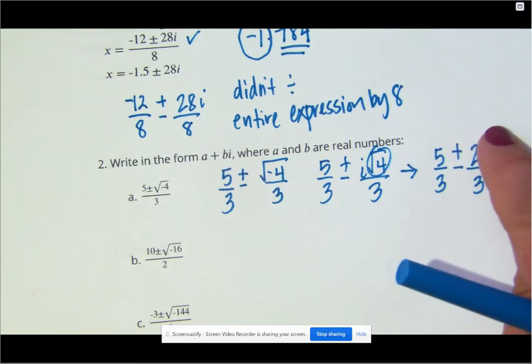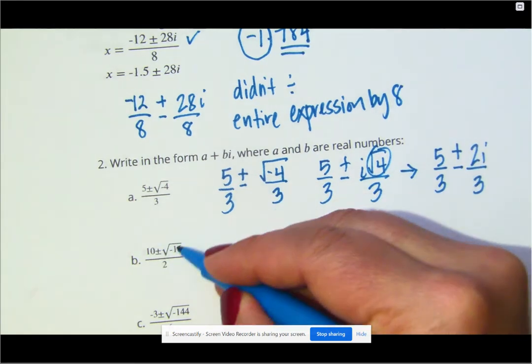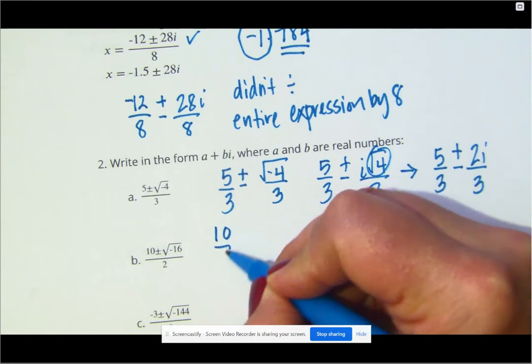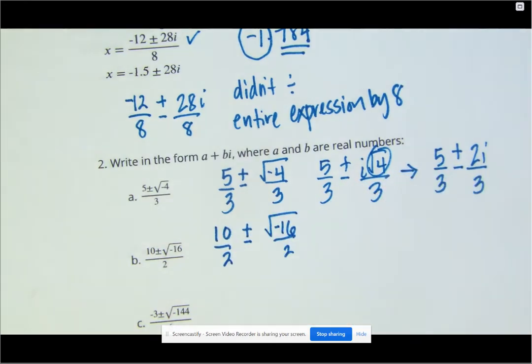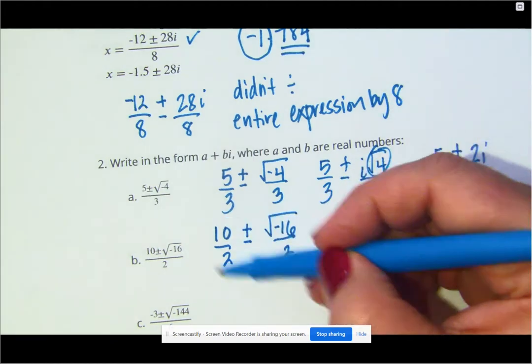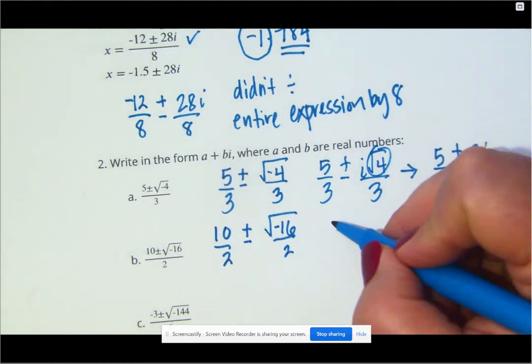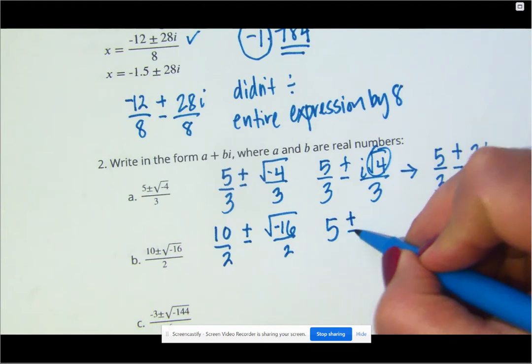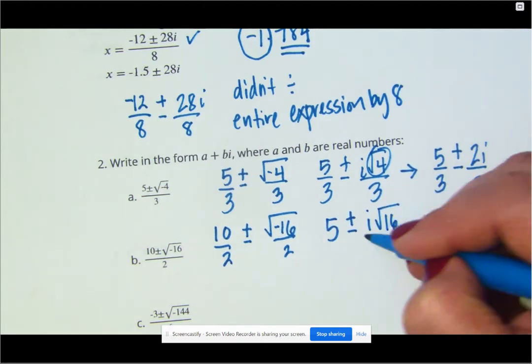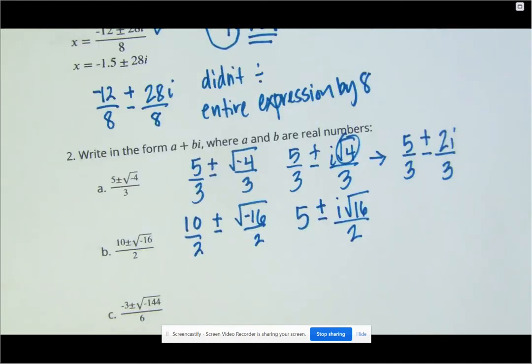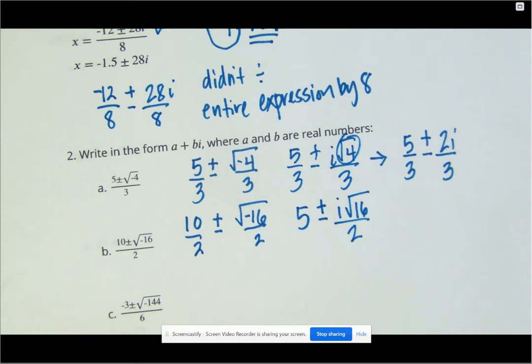All right, next one. We're going to put each of these over 2. 10 over 2 plus or minus the square root of negative 16 over 2. This time, 10 over 2 can be reduced. 5 plus or minus. What's coming out for that negative? i. And you could do it all in one step. I'm breaking it down. You could take care of the square root of 16 and the square root of negative 1.